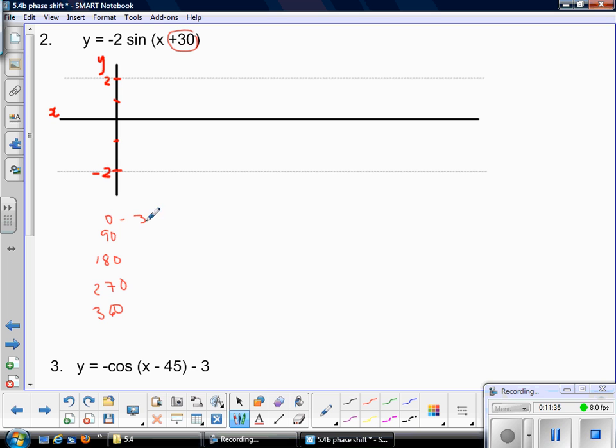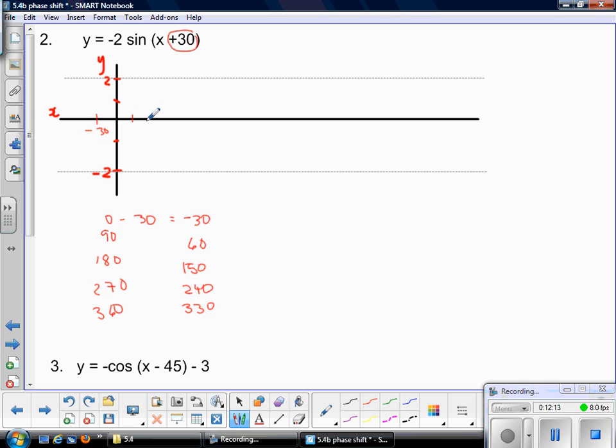So we have -30 is my first one. 90 minus 30 is 60. 180 minus 30 is 150. 270 minus 30 is 240. And 360 minus 30 is 330. Because my lowest number is -30, that's where I'm going to be starting. So every tick again is going to be worth 30.